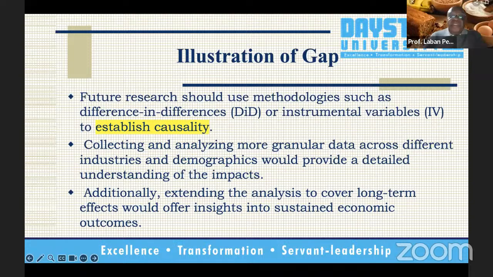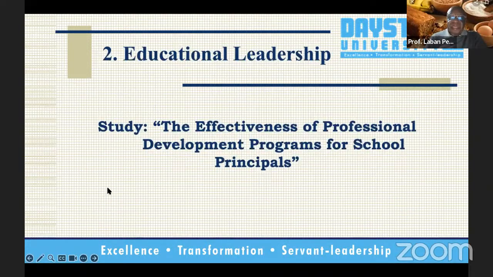Look at educational leadership. I want to use this to show you an example of an evidence gap. The effectiveness of professional development programs for school principals. What are you doing here?